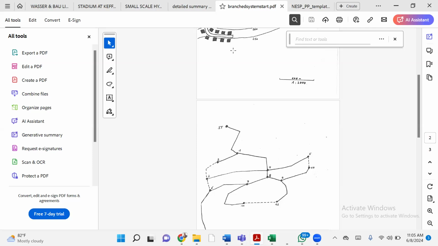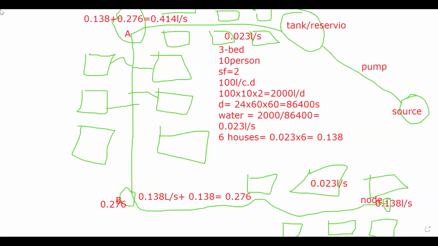So I want you to understand this thing about point and section. Remember last week, I said something very important, that to design any water reticulation system, you basically need 4 parameters.